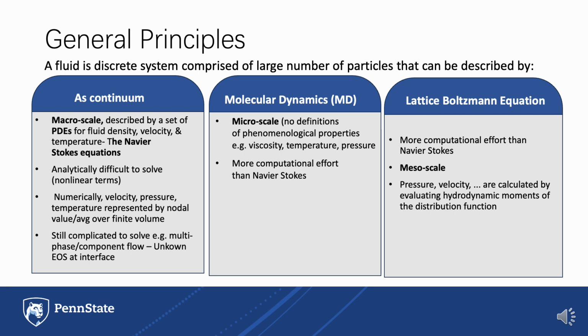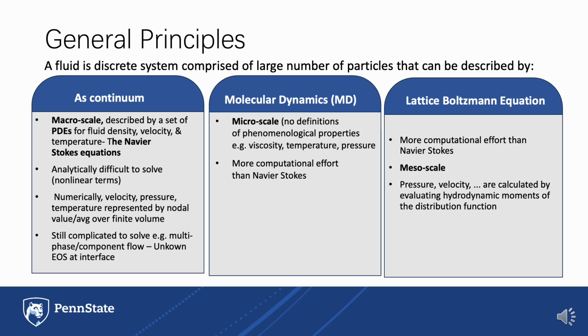Therefore, to establish something in between these two extreme representations and two extreme methods, Boltzmann was the first to establish the link between the macroscale and the microscale in an attempt to establish a better understanding of fluid behavior.